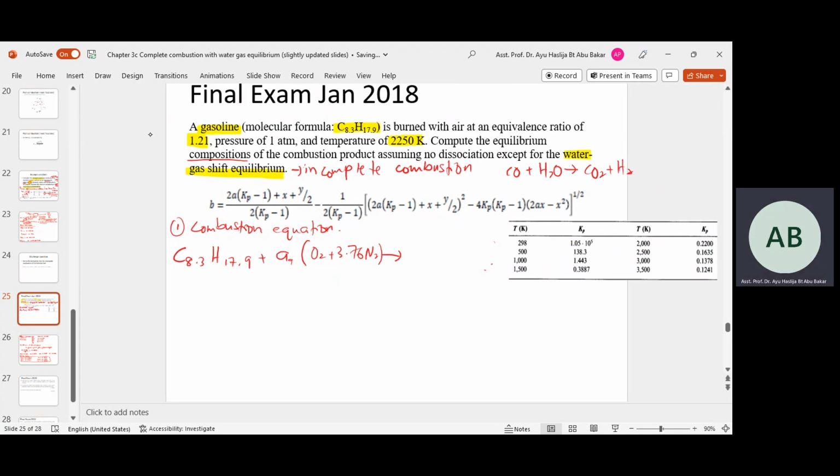equals to your CO2, which is unknown, H2O, plus what else? What is in your flue gases?